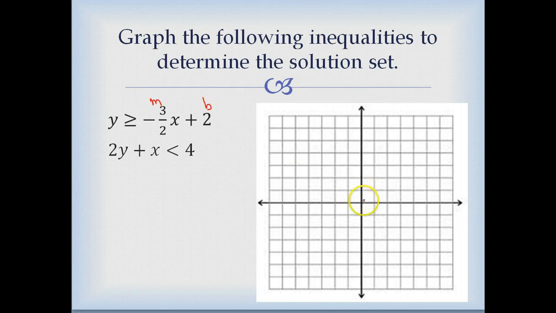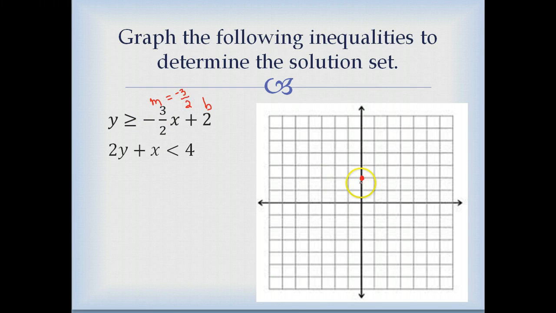So we're going to go to our y-axis, go up to a value of 2, fill that in there. Okay? Then we're going to use our slope. Our slope, we can think of it as negative 3 over 2. We can associate the negative with the numerator or the denominator. It really doesn't matter. Just don't do it to both. So I'm just going to do negative 3 over positive 2.